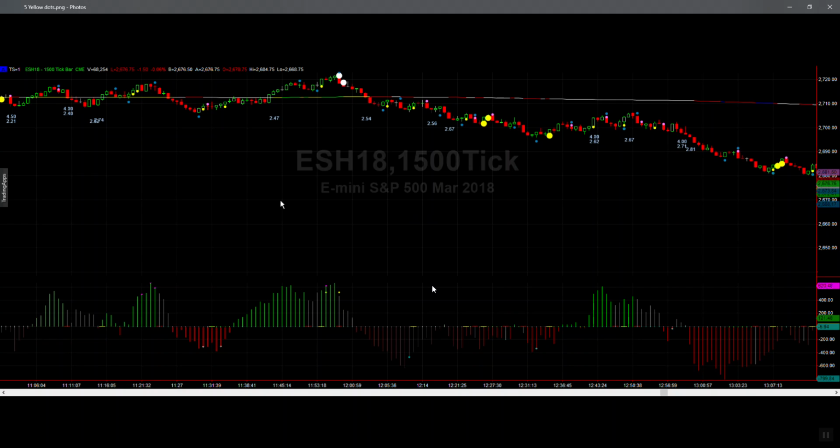If it's in a strong downtrend or a strong uptrend, these can be very minor moves. So here's a peak here, here's a peak here, and on this peak you can see it did move up. This one it did not.